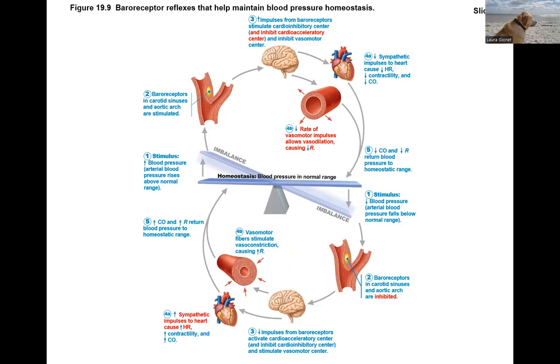It shows that when the imbalance is such that blood pressure is up over here in number 1, the stimulus is an increase in blood pressure. Baroreceptors detect that and send signals to the medulla oblongata. What is the response? Parasympathetically, we slow down the heart. And sympathetically, we allow the smooth muscle of the arterioles to dilate, and we decrease blood pressure.